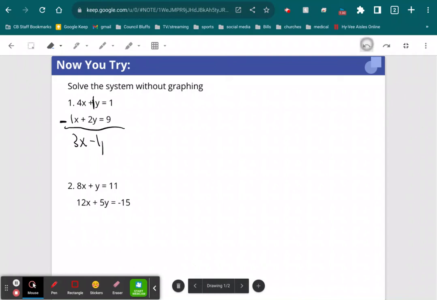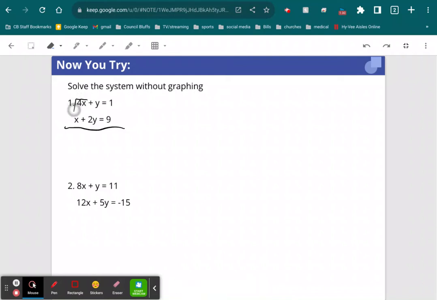Which means we're going to need to multiply one or both of the equations by a number in order to create a situation where we can add or subtract the two equations. So there are two things I can do.